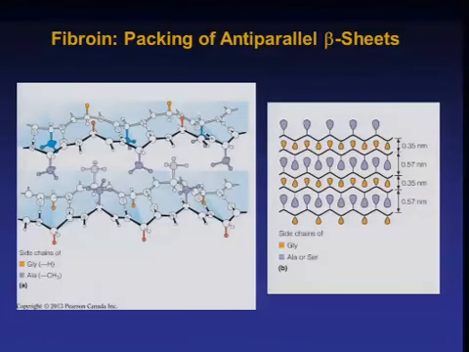You then have another sheet that's going to come down and pack on top of it, and you're going to get this interdigitation. When you look at this sheet, how many strands for each sheet are we looking at right there? 2. So if you look here, you can see that there's a pocket, right? There are no R groups projecting up here.